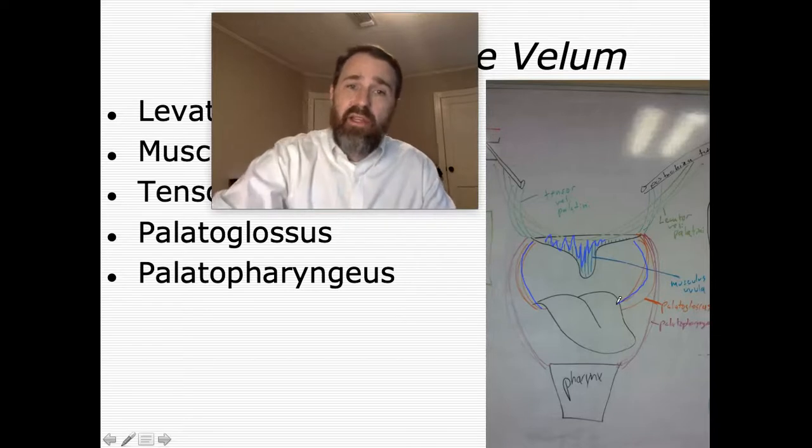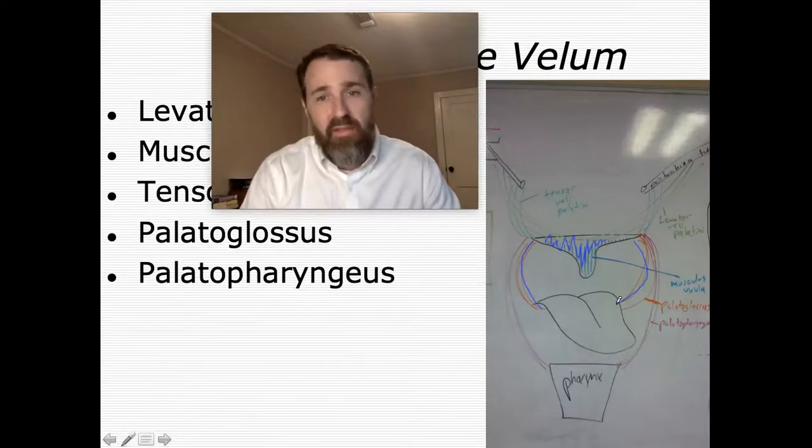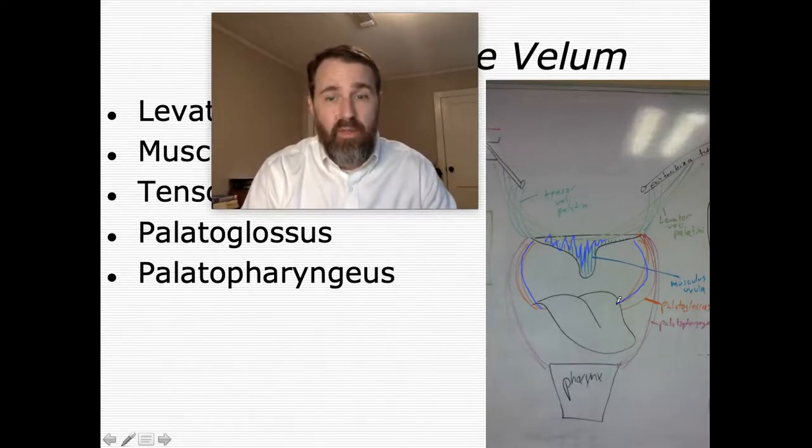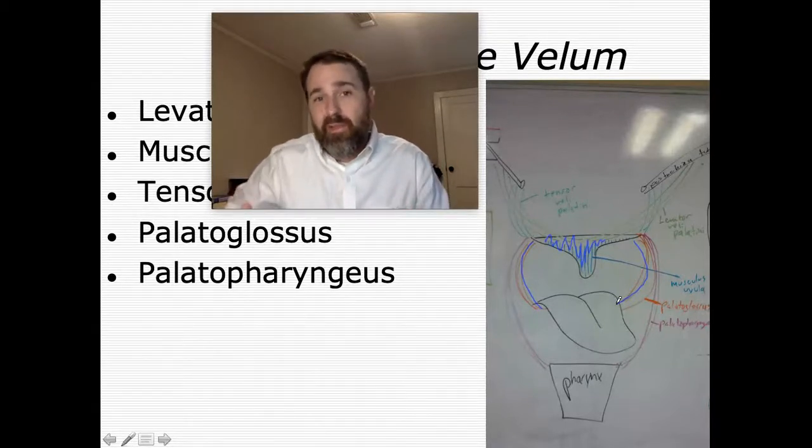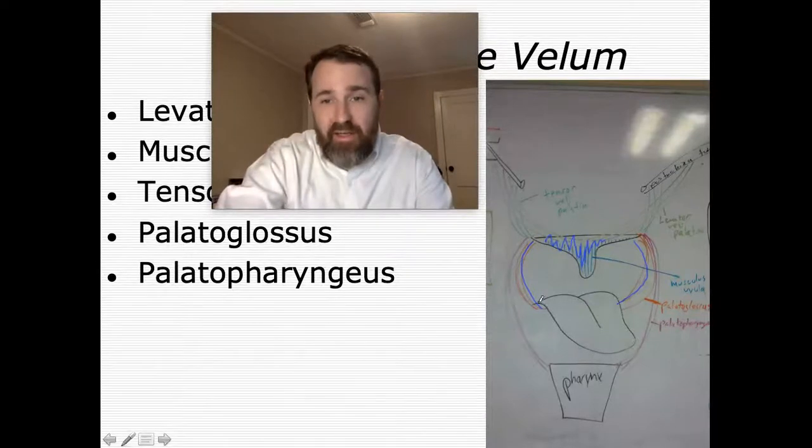So if you think about what the function of the palatoglossus is, well, it's going to do one of two things. It's either going to work to elevate the tongue, so this muscle is going to shorten to raise the tongue. You can see how that would happen.